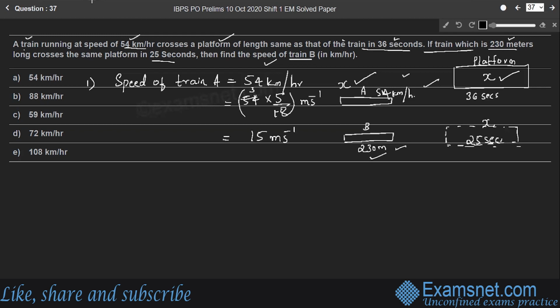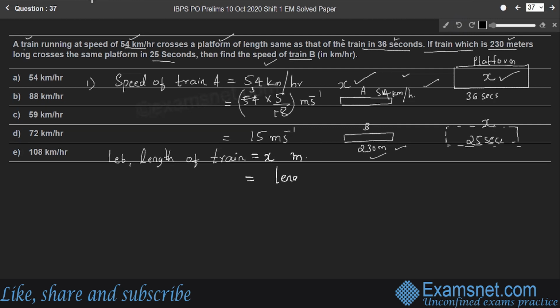So this train A crosses the platform in 36 seconds. Let us assume the length of the train is x meters. It is given that the length of the train is equal to the length of the platform.